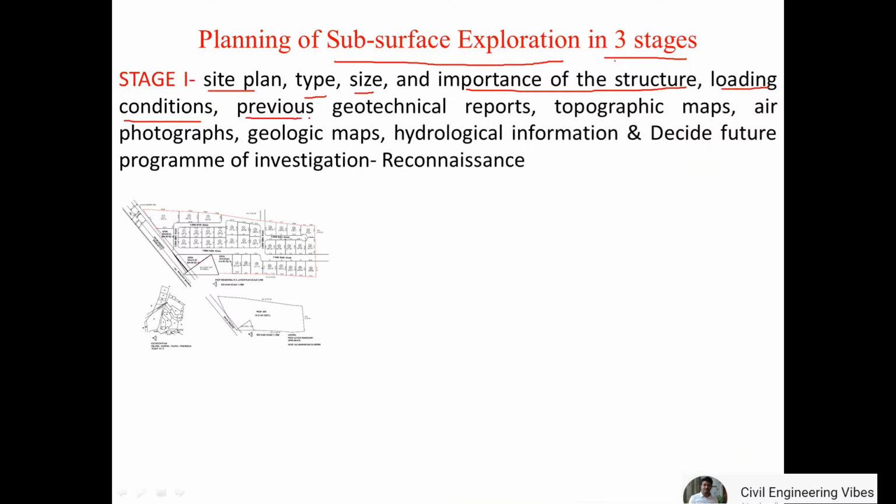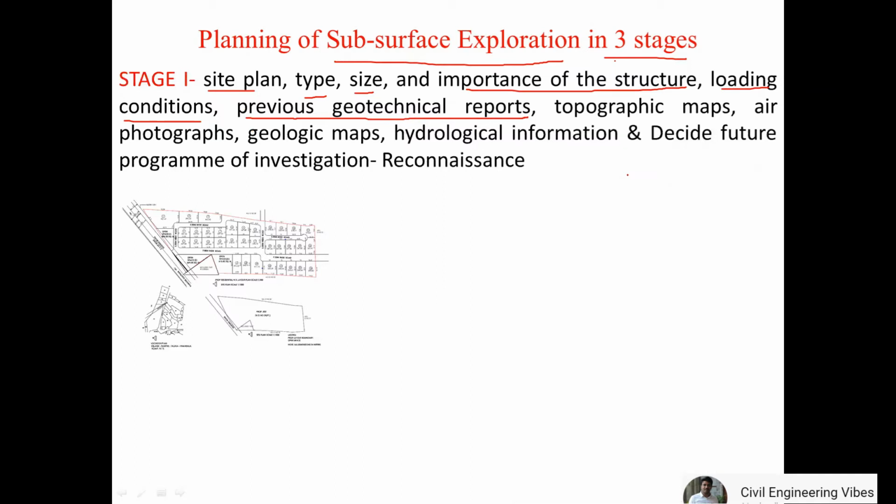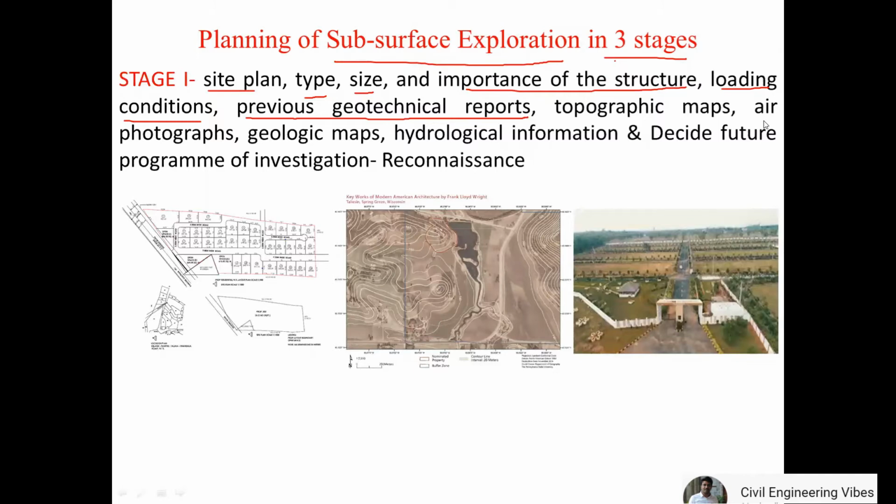Previous geotechnical report if available, or geotechnical report of existing structure situated in the vicinity of the investigating site. Study of topographical map makes us understand the gradient of the surface and subsurface weatherings. Air photographs show you the amenities found near the investigating site.